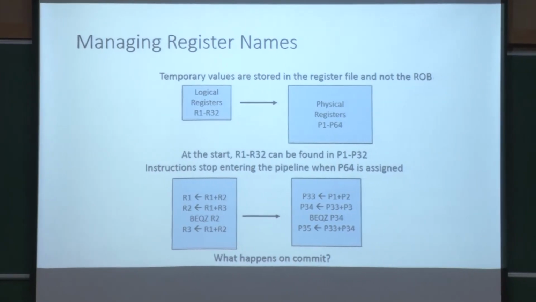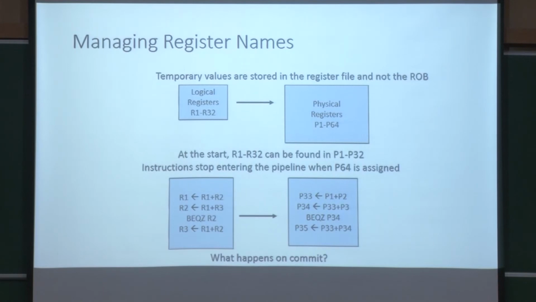Now, in order to rename that, in the previous case we were using T registers to rename, right? In this case, what we do is we set the initial mapping: R1 maps to P1, R2 maps to P2, all the way to R32, which maps to P32.